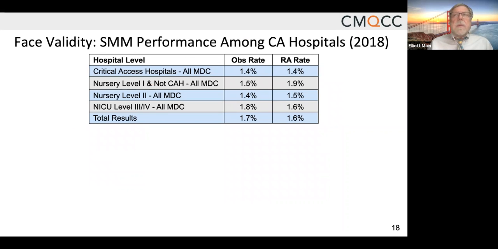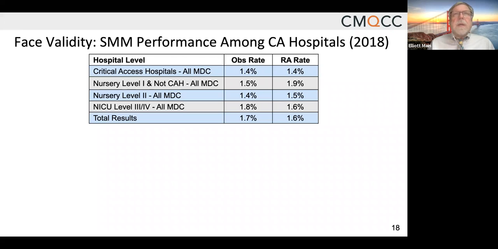We've run this on some of our hospitals in California, and I want to give you a taste of how it works. Here are all the hospitals in California divided up by their hospital level. Level is established by their NICU level, which roughly correlates to what we expect to occur with the maternal levels of care, but those haven't been established yet for California.